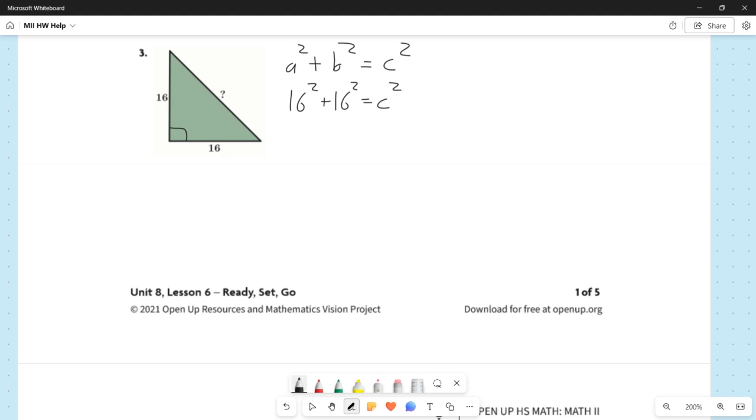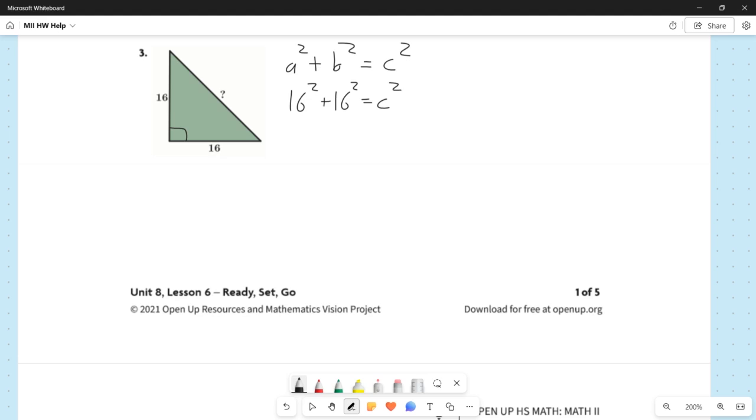Now, if you wanted to, you could evaluate 16 squared and get 256, and then double that and get 512, and sort of do all the algebra, if you will. However, it's going to make our job a little bit easier if we notice that we have something squared plus that same thing squared.